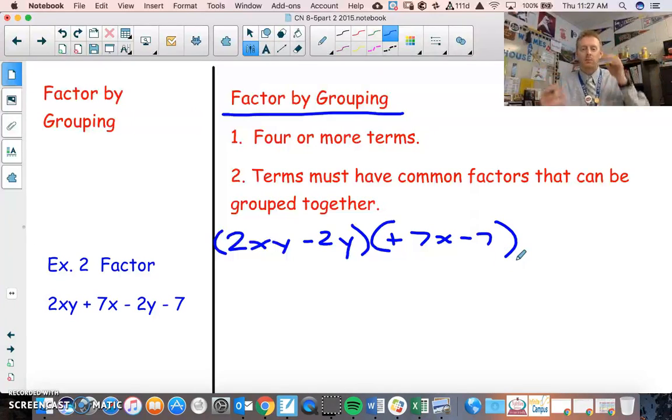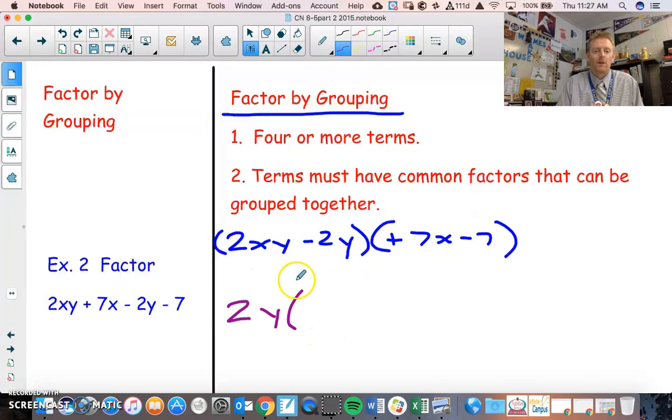Now we're not multiplying these things together, I'm just putting them in parentheses to show that they're grouped together. So what we're doing now is dividing out a common term from my first grouping, and a common term from my second grouping. I can divide out of here a 2 and a y, and what's left over would be an x and a minus 1.